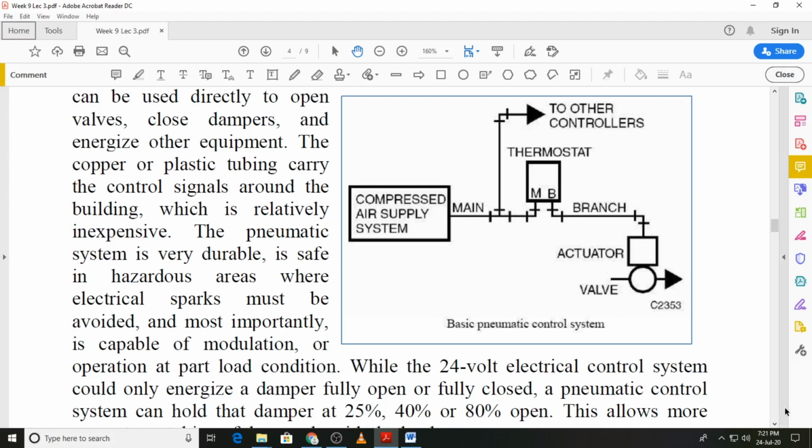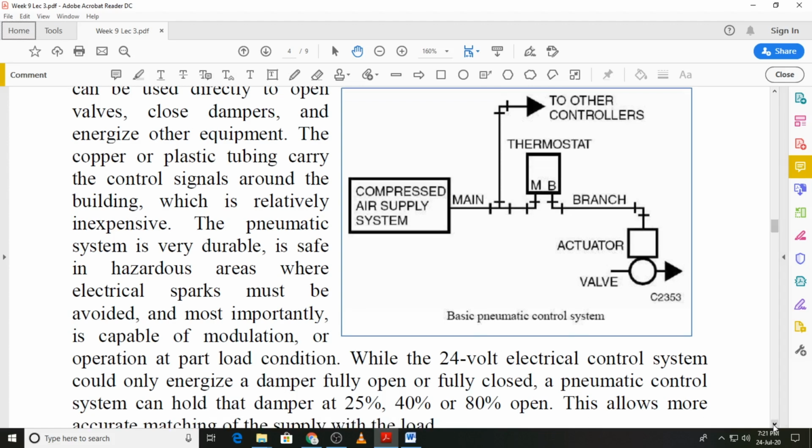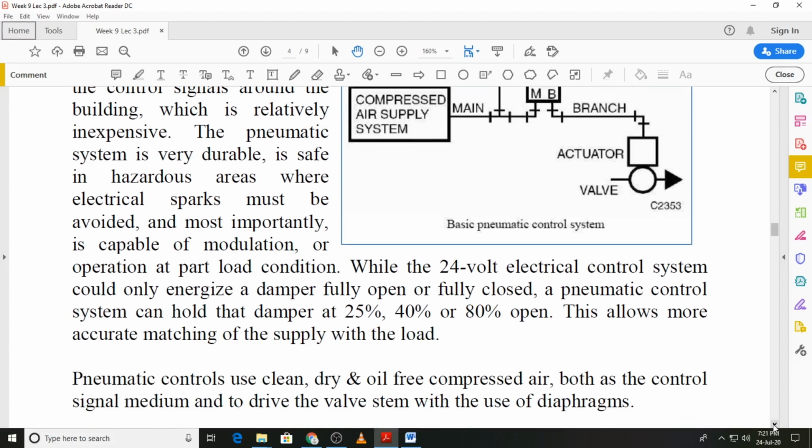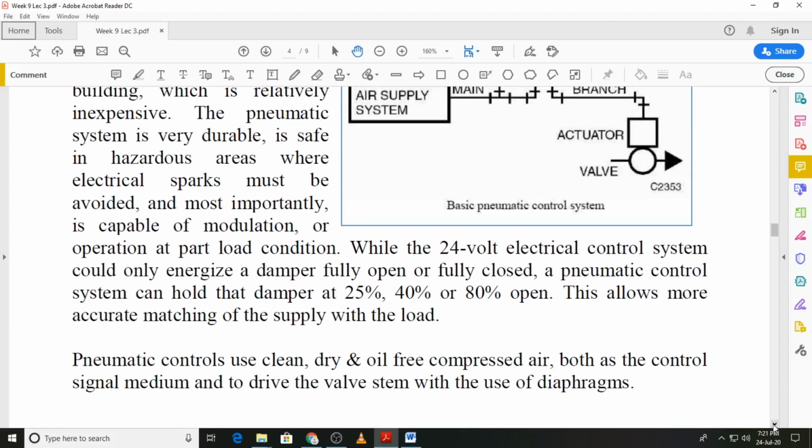So this allows greater flexibility in your system, and it provides greater matching with the supply and with the load. Of course, pneumatic systems require that the air that you are using must be processed in the sense that it should be clean and dry and oil free, both as the control medium signal and to drive the various valves which use diaphragms.